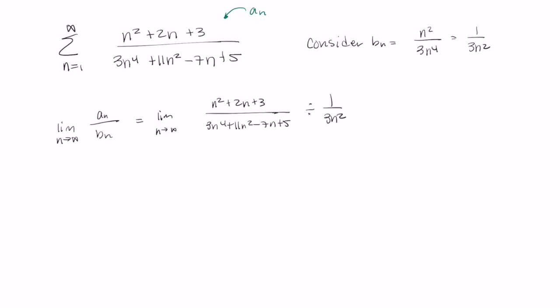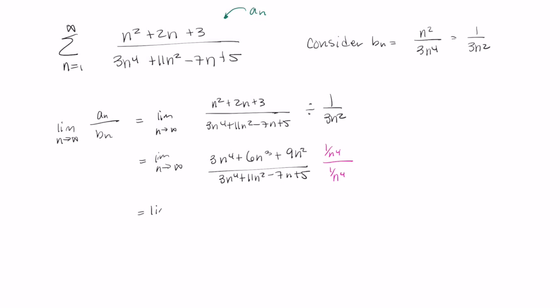This can be rewritten as a product, that is the limit as n approaches infinity of 3n to the fourth plus 6n cubed plus 9n squared divided by 3n to the fourth plus 11n squared minus 7n plus 5. Now the numerator and denominator both have a highest power of n to the fourth, so let's divide the numerator and denominator by n to the fourth, which is the same thing as multiplying 1 over n to the fourth to both.